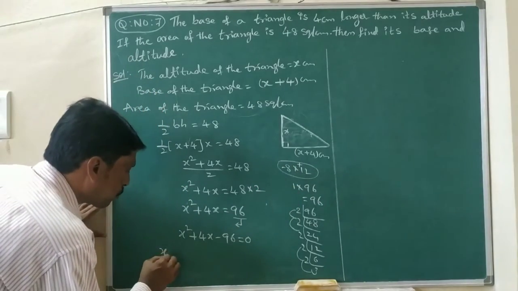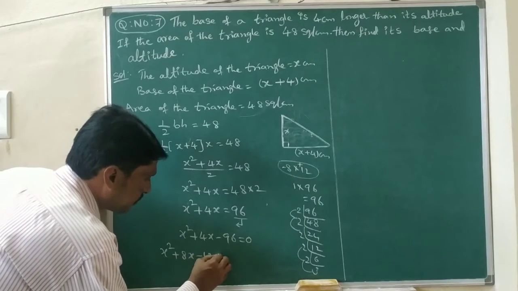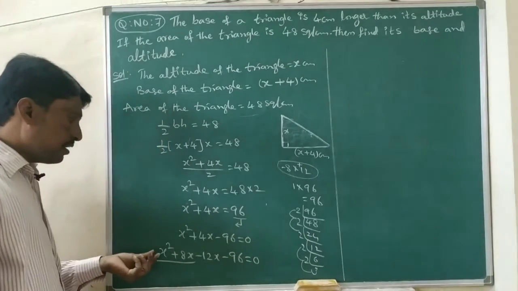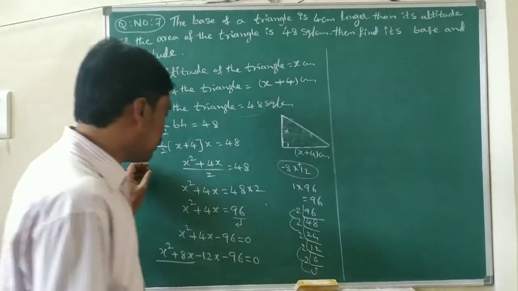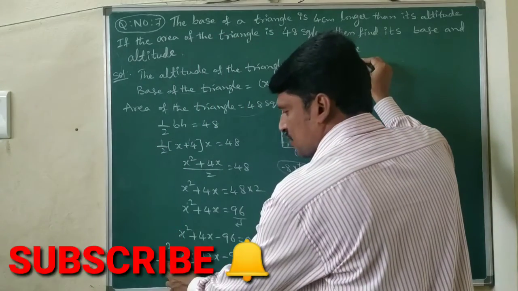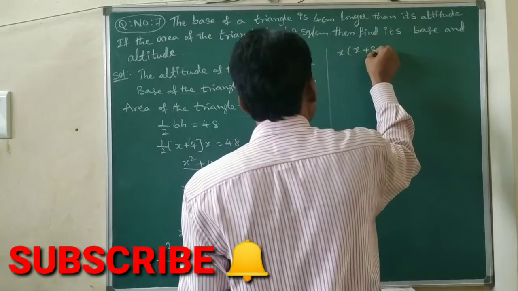Means x square plus 8x minus 12x minus 96 equals 0. In the first two terms we take x as common. x square divided by x remains x, 8x divided by x remains plus 8.